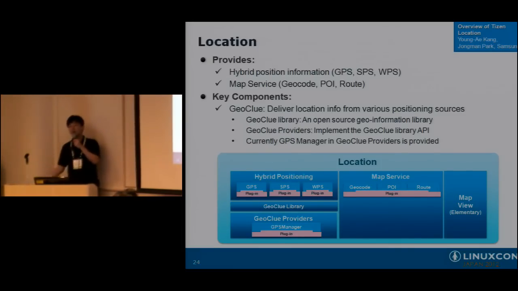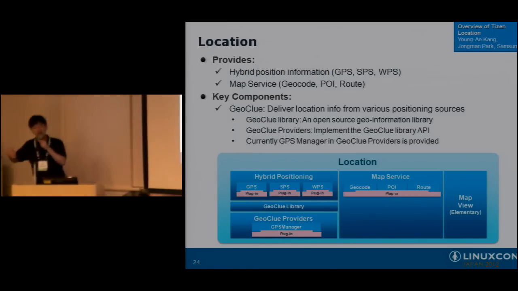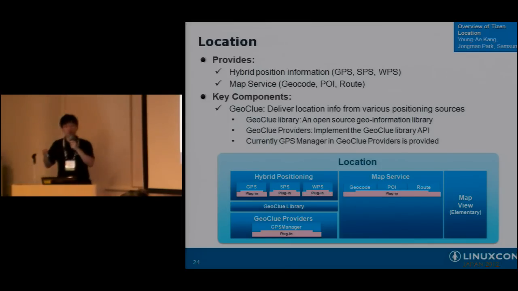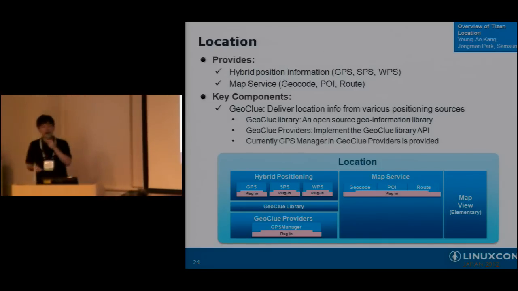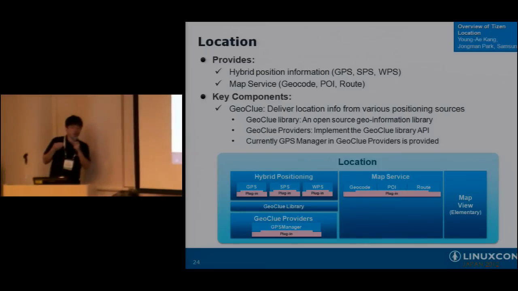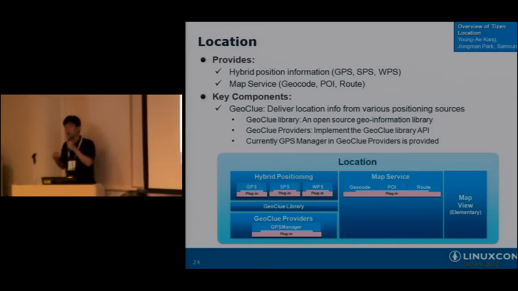And there is a map service, geocode, which takes care of looking for the position from the address, or vice versa. You can give an address, then you can get the geographic information. And the POI service is also supported, and routing service, finding a route, is also supported by the map service.